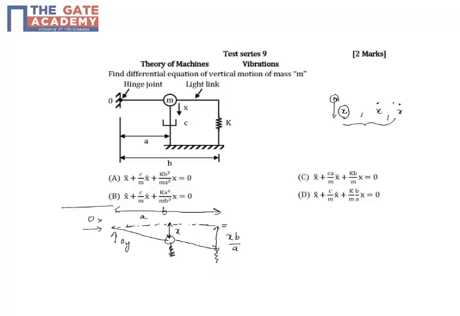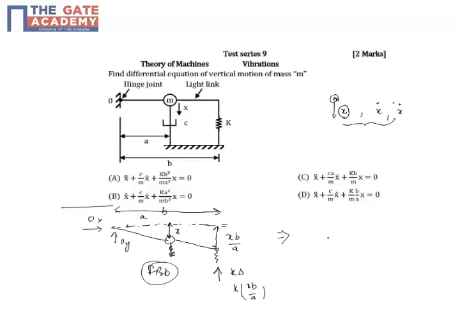So the only force here then will be the spring force. The spring tries to resist because it gets compressed, so it will try to push, and that push will be k into delta, which is nothing but k into x into b by a. So these are the forces, the spring force and the reactions. So this was our free body diagram.